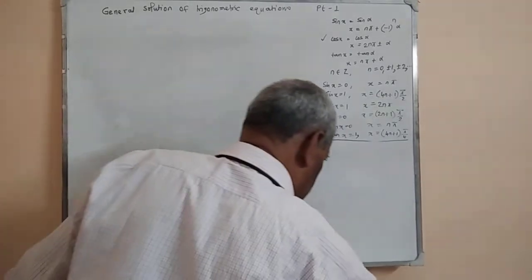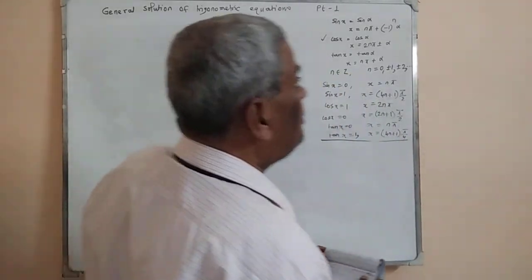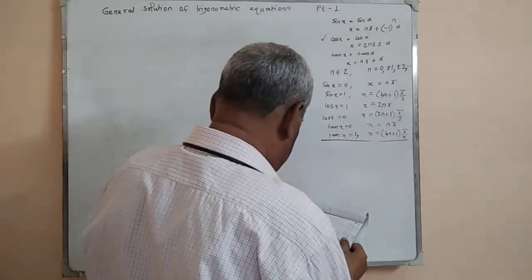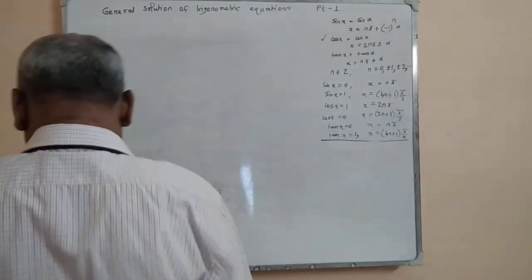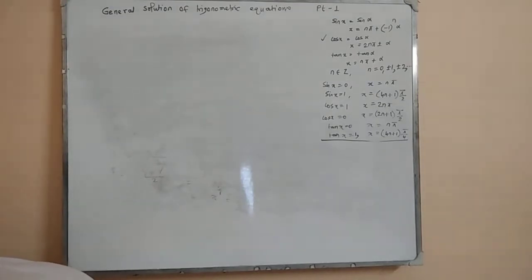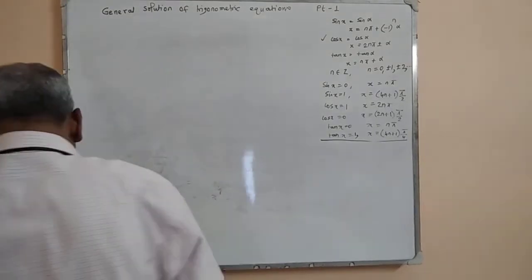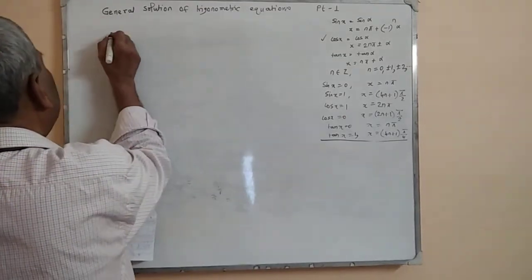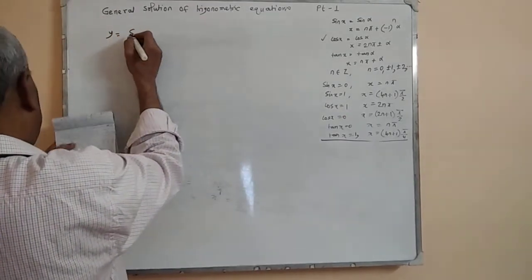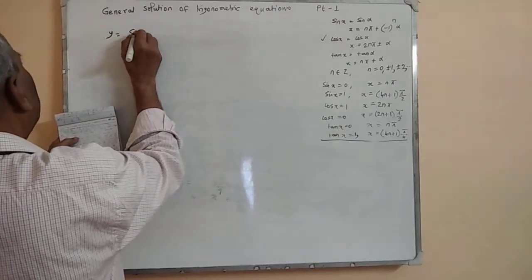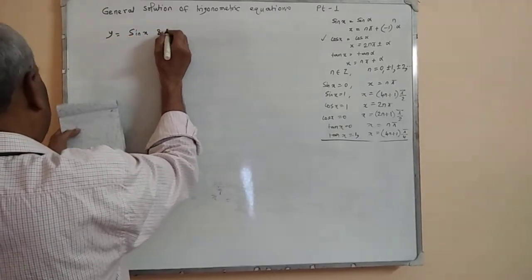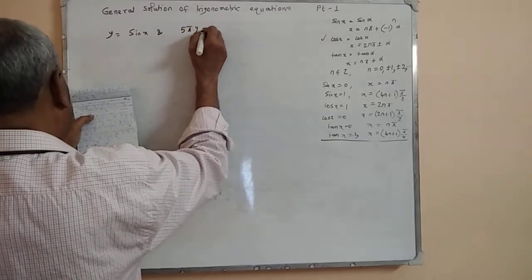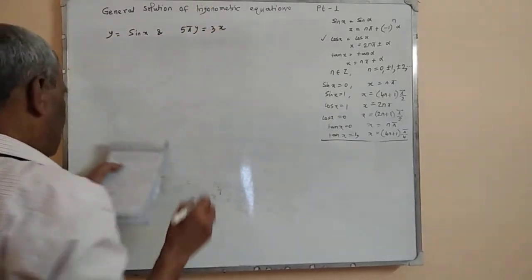Now, our next problem. The number of solutions of y is equal to sin x and 5 pi y is equal to 3x.